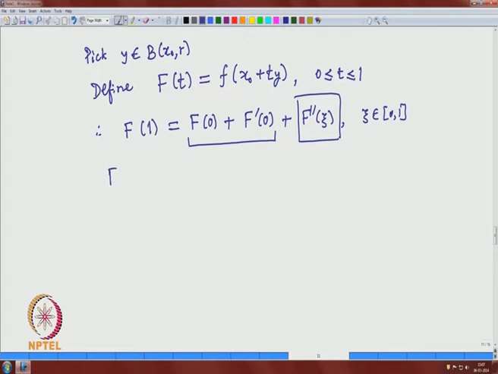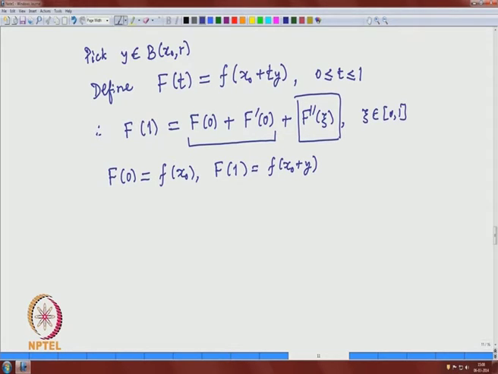So, let us calculate what F 0 is and F prime 0. If you look at the definition of the capital F function, F 0, I put t equal to 0 there. So, this is just f of x 0, and what is F 1? F 1 is f of x 0 plus y. Okay.